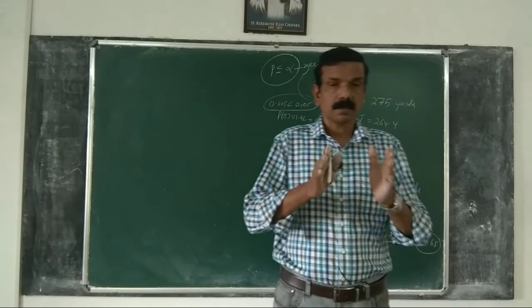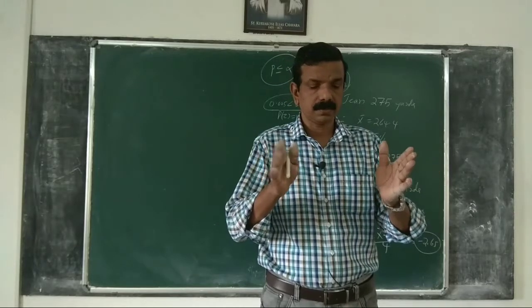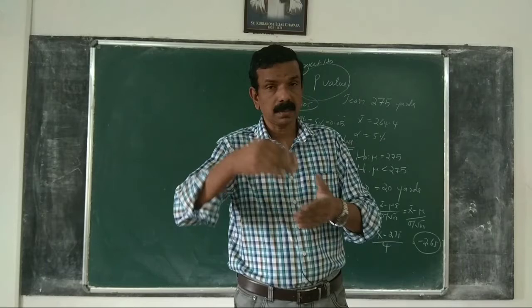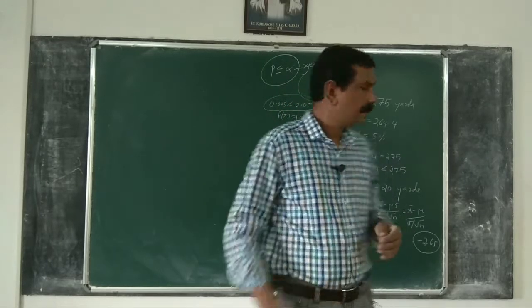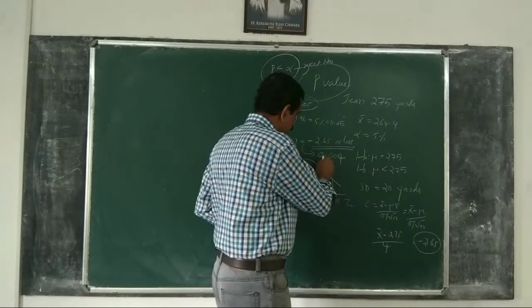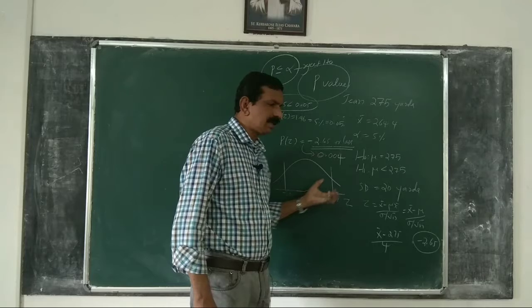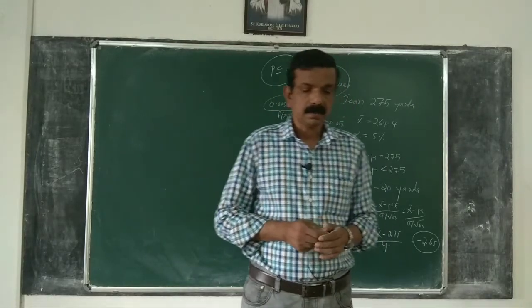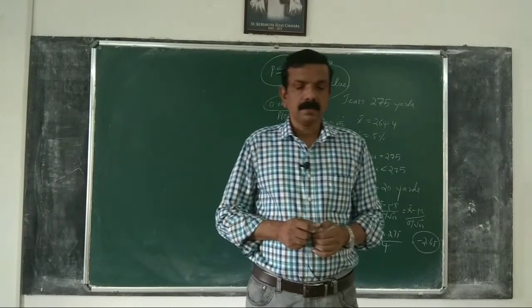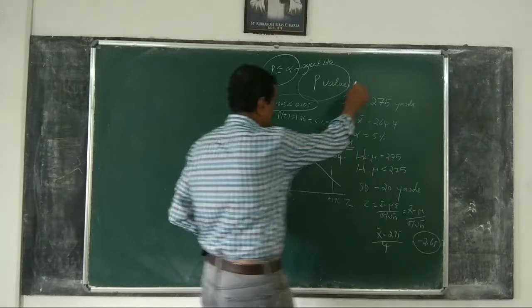The closer the p-value is to 0, the stronger is the evidence against the null hypothesis. As the p-value becomes increasingly small, it is strong evidence against the null hypothesis. And this p-value is also known as the observed significance level.